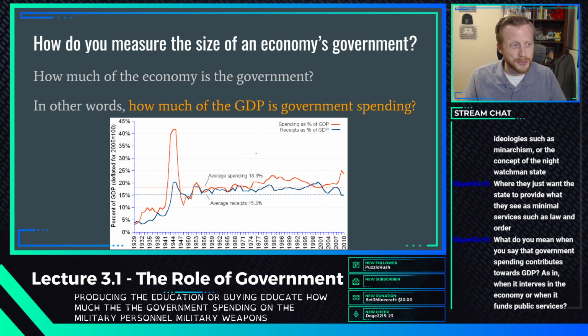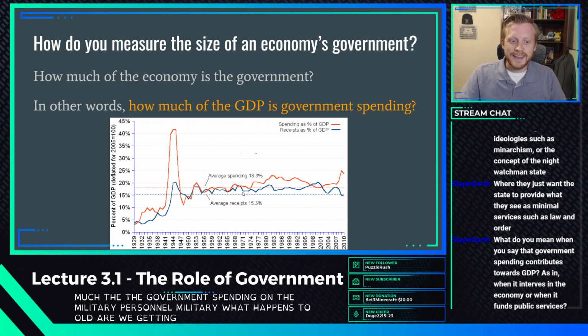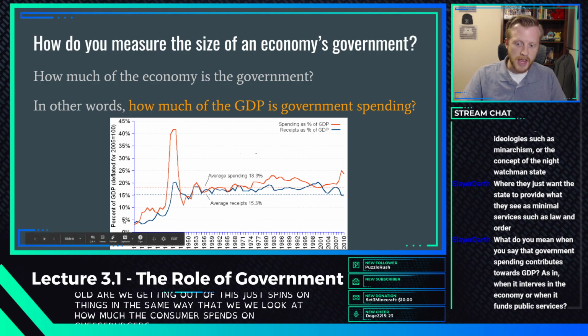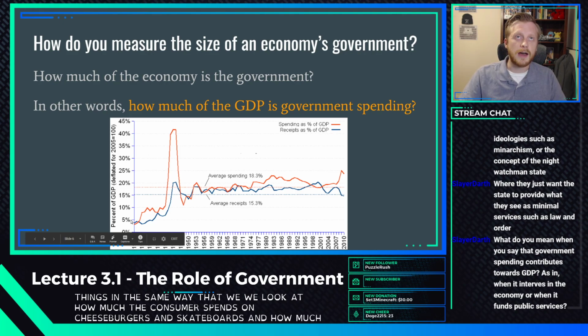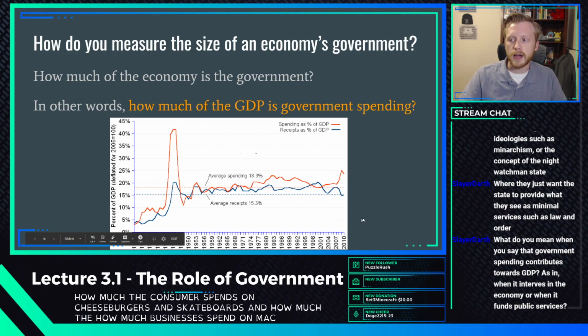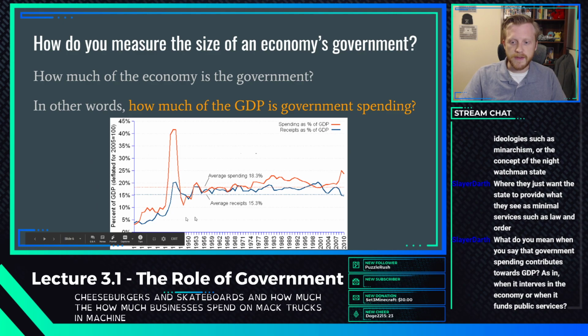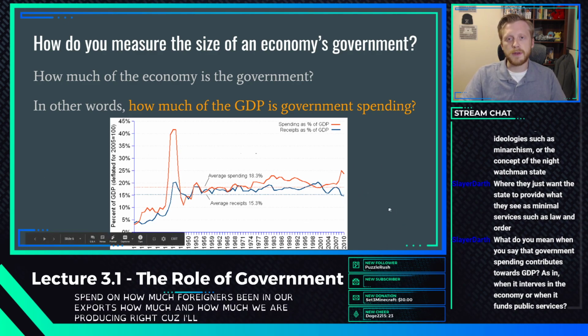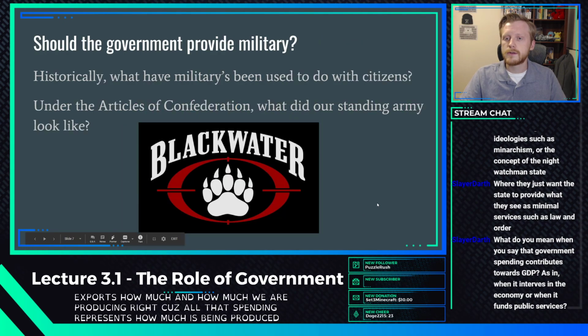I was going to say tools, but who are we kidding? But this is just how much the government spends on things, in the same way that we look at how much the consumer spends on cheeseburgers and skateboards and how much businesses spend on Mack trucks and machines for factories, and how much foreigners spend on our exports, how much we are producing, right? Because all that spending represents how much is being produced.